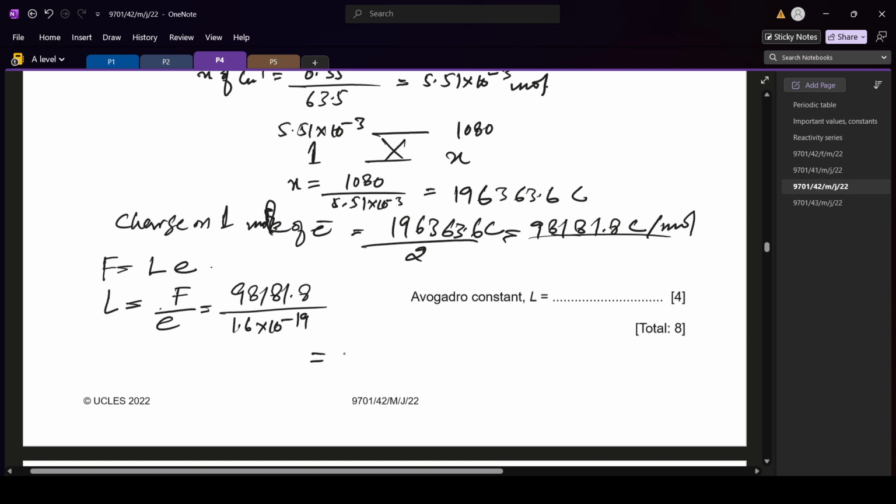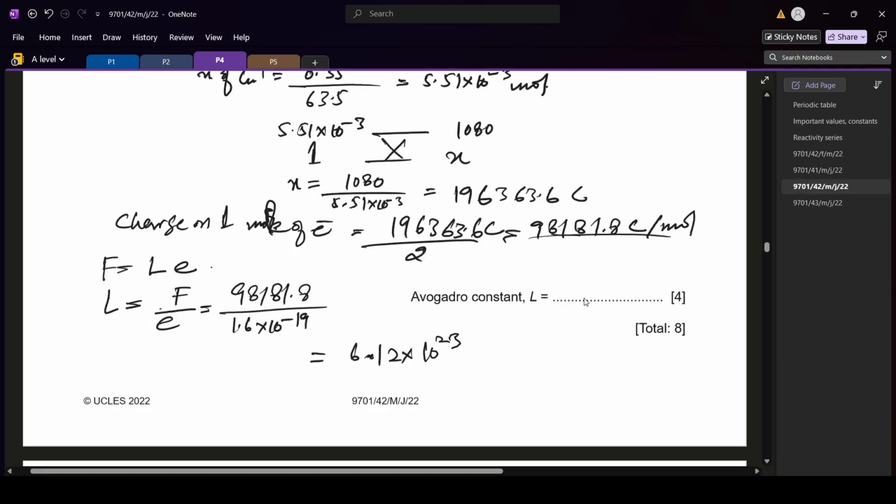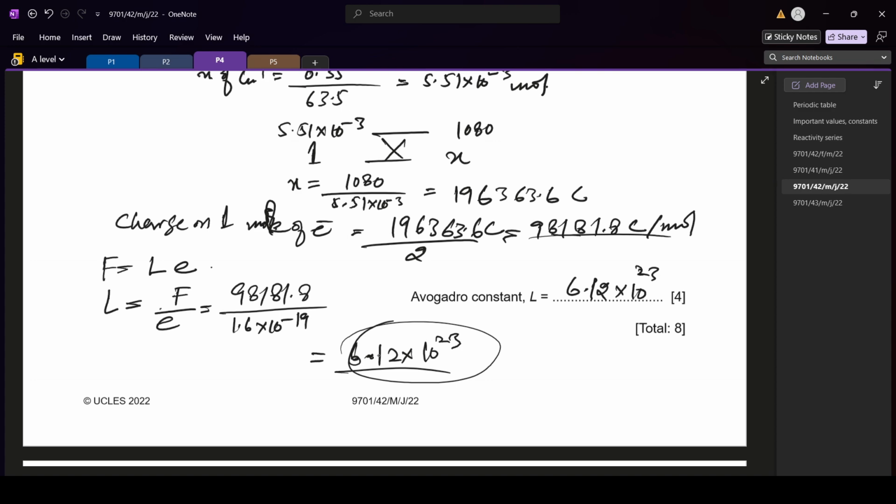So from here you will have a value of L, which will be 6.12 into 10 to the power 23. You can see this value is a little different from the value of L in the important table, which is 6.02 and this is 6.12. But we will consider this as right, because our value is very close to the actual value. Okay, so this is your answer.